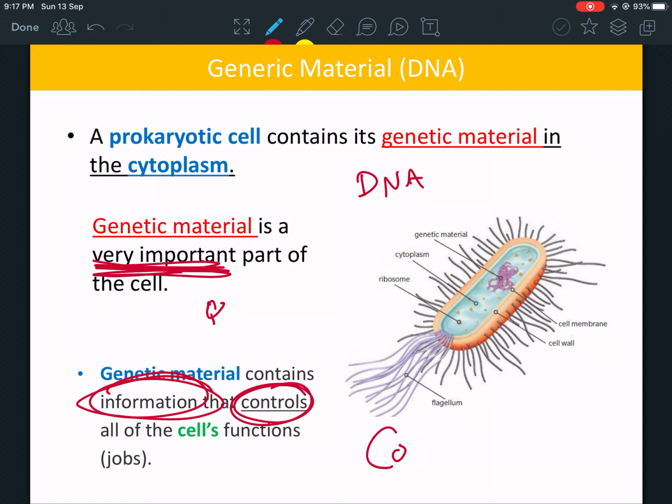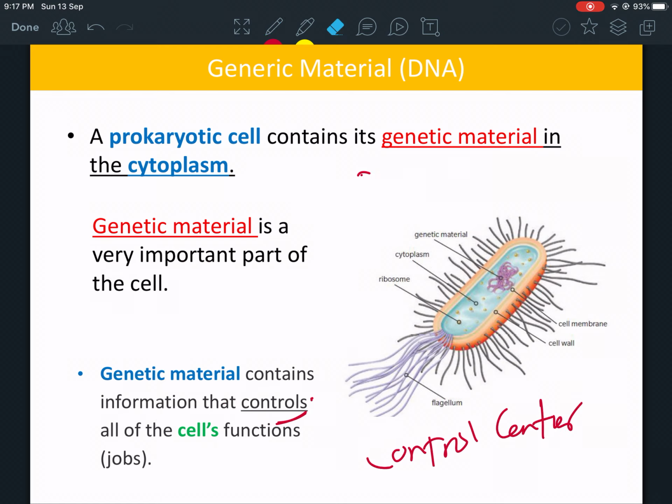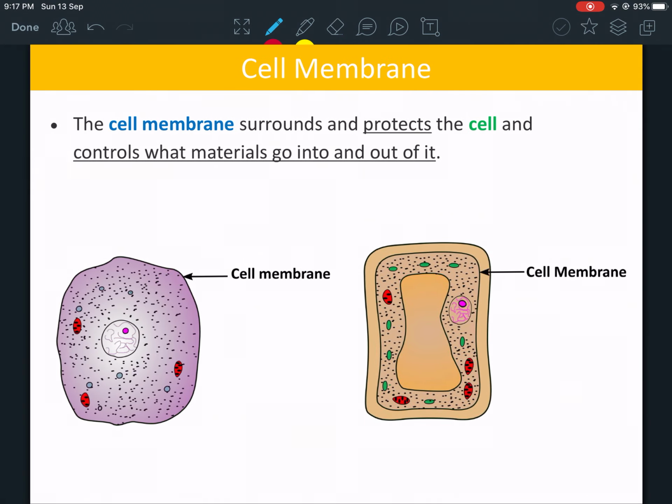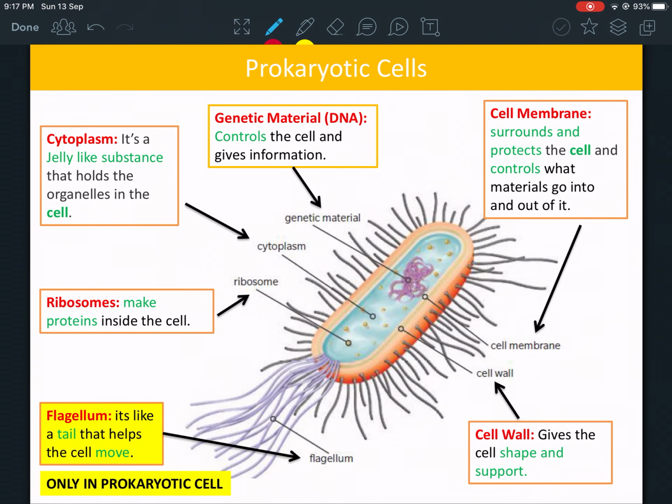It's called the control center. Okay, and it controls the cell and it holds all the information. Okay, everything is with DNA. All the information, look, I have it here, controls the cell and gives information. It's the control center, they call it control house, a control center.